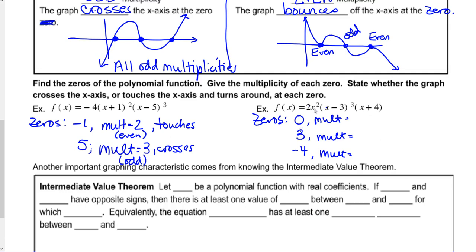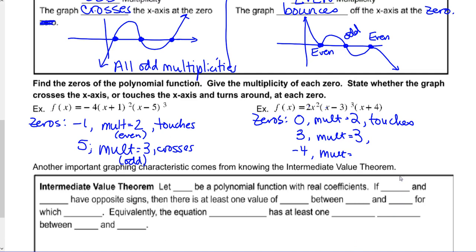So if I look at 0, the multiplicity of it is equal to 2. That is an even number, therefore it comes through and it bounces or touches that x-axis, but does not go through. When I have the factor x minus 3, look at its power, the multiplicity is 3.